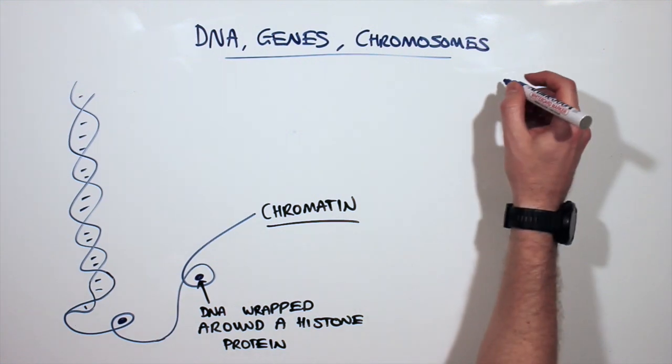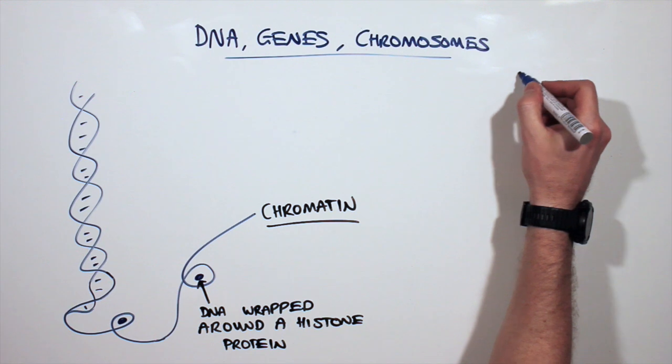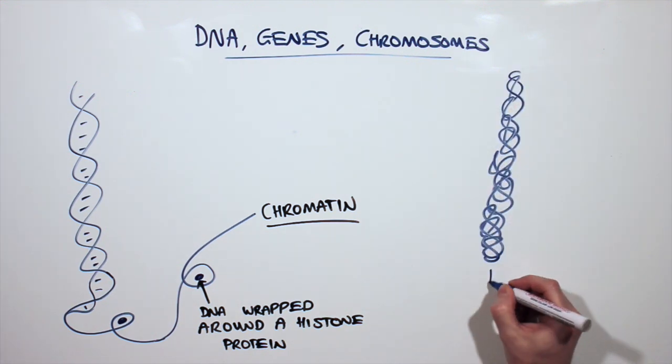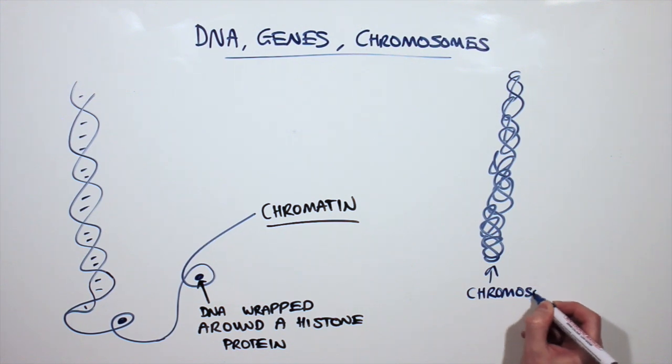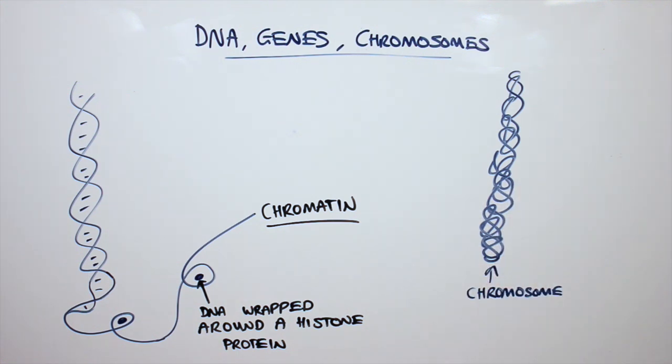Now if you were to look at that from a sort of more complete picture, you would then see something that looks like this, all right? Now this is a chromosome. Now I realise that's quite confusing because previously we looked at a chromosome as being an X-shaped thing. So hold on with me for a moment.